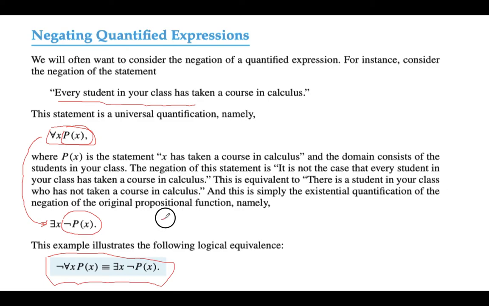Means if I say P, the negation of this is not P. But again, not not P is equivalent to what? This is equivalent to P. So it is something like this. The negation of this is this, but this is logically equivalent to this one. Okay, clear?